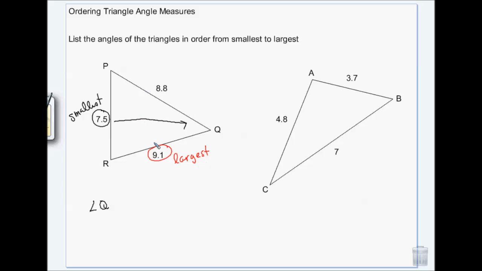And the largest is going to be across from angle P. So here's our middle, and that's angle R. So it goes Q, R, P. From smallest to largest.